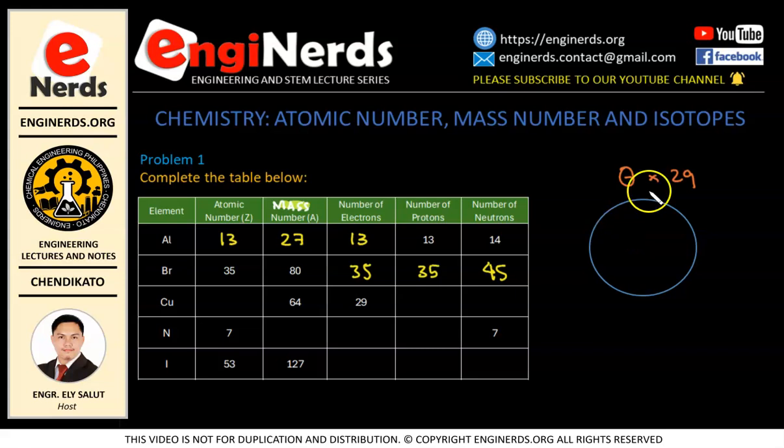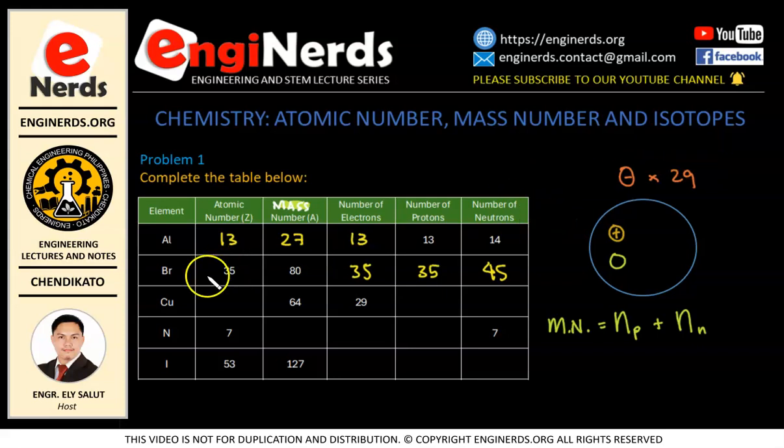Now we have protons and neutrons inside our nucleus, right? So we have protons, which are positively charged, and we also have neutrons, which are not charged. And we don't know the value of both of these, but we know that the mass number is equal to the number of protons plus the number of neutrons.